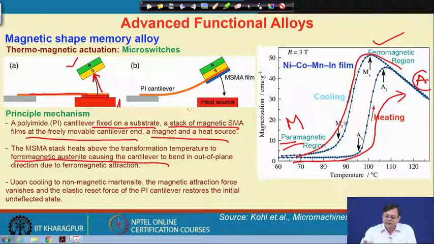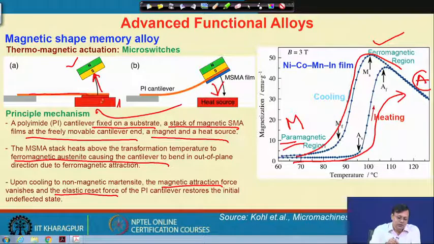So, during heating and cooling we can use it as a micro switch for ferromagnetic attraction as well as paramagnetic, or non-magnetic, behavior. During cooling, with non-magnetic or paramagnetic martensite, this magnetic attraction force will vanish, and due to the elastic reset force it will again come back to here.